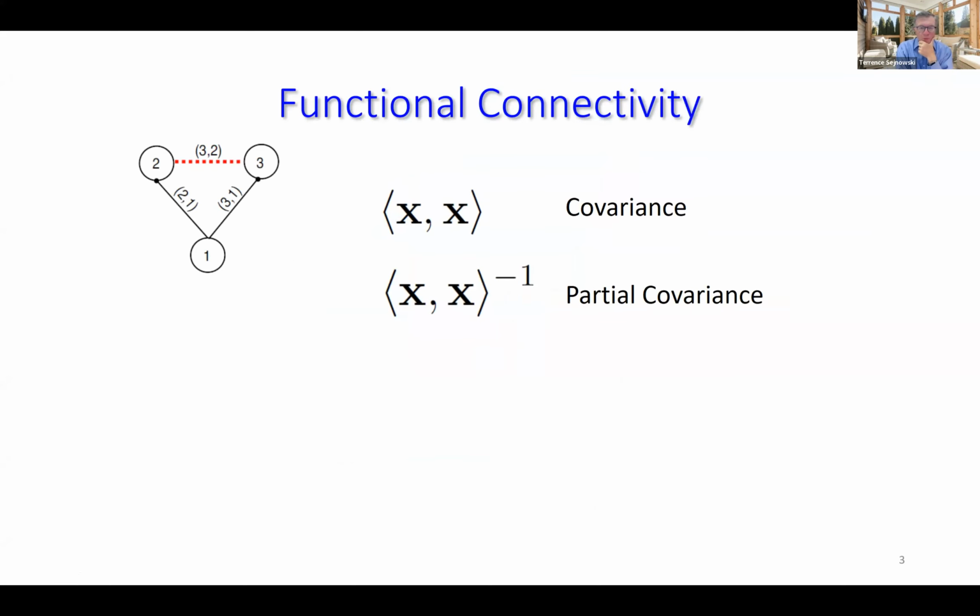So some of the popular methods for analyzing functional connectivity are statistical, and perhaps the most popular is covariance, which tells you something about how two areas of the brain may covary in time. And we all know that if two areas get a common input, they can covary without having a direct connection, which is a confound.